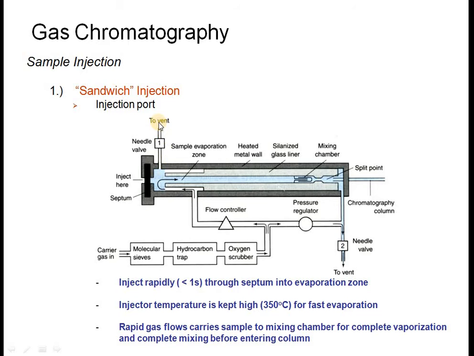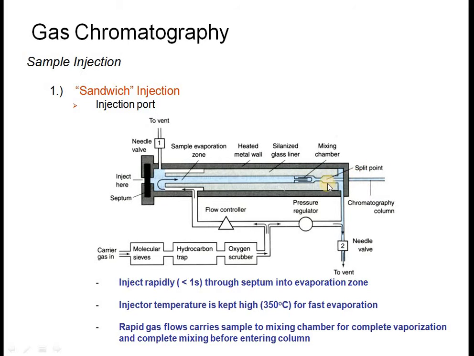Inject here. This is the vent. Sample evaporation zone: evaporation zone means higher temperature, and the sample easily evaporates at that temperature. This is the heated metal wall. Silanized glass inner, mixing chamber.